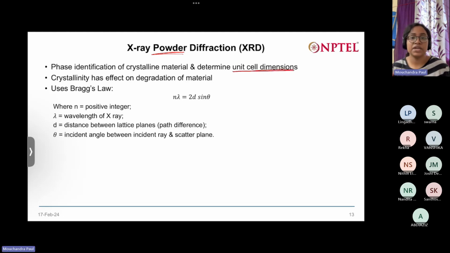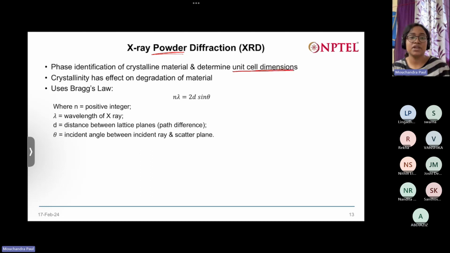Why is this technique important for understanding biomaterials? If the biomaterial is made up of metals, which are usually crystalline in nature, then we can say that the effect of the biological environment on degradation is comparatively less.